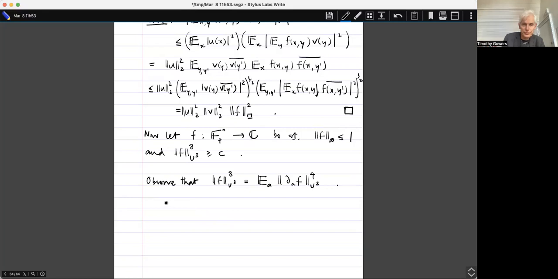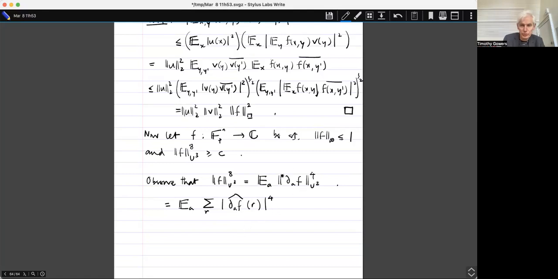But that equals the sum over all r, where r belongs to the dual group of F_p to the n, which is basically the same as F_p to the n, except we use the counting measure rather than the probability measure, of the absolute value of the Fourier transform of delta a f at r, raised to the power 4.